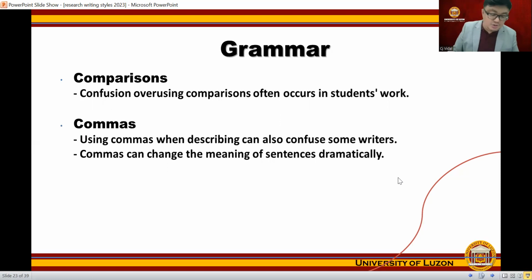Also, using commas when describing can confuse some writers. Commas can change the meaning of sentences dramatically. Wrong placement would make your sentence erroneous or mean a different thing. So it is important that you be aware of the proper placement of commas.